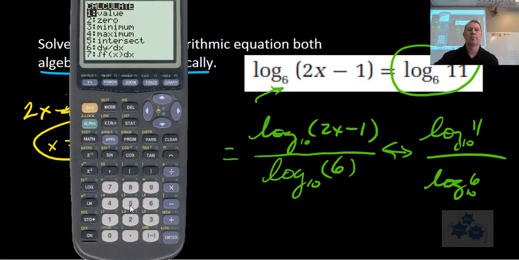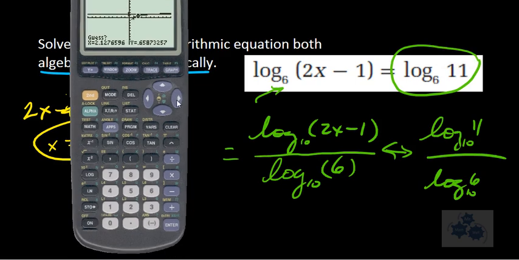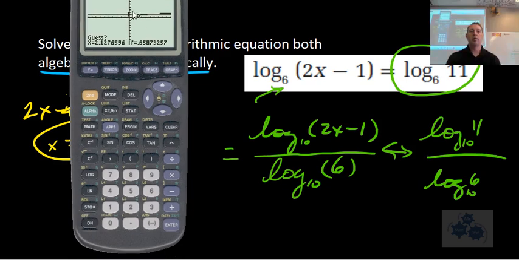Let's try that again. Weird. Usually it just pops to the second one when you hit enter, but it didn't. Okay, my calculator is messed. We may have to zoom in. The calculator just didn't pop back and forth here.